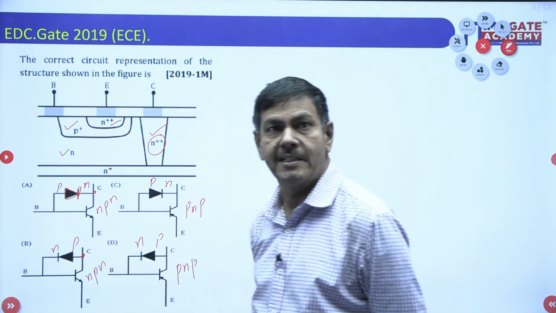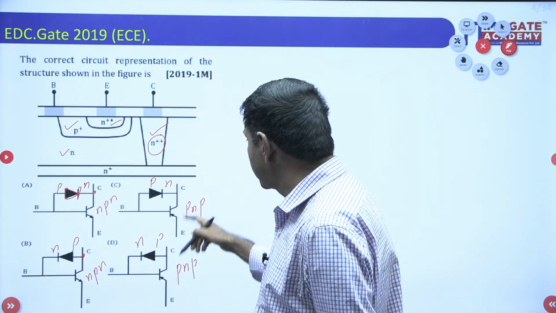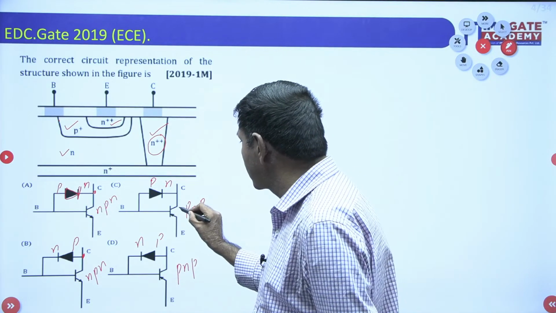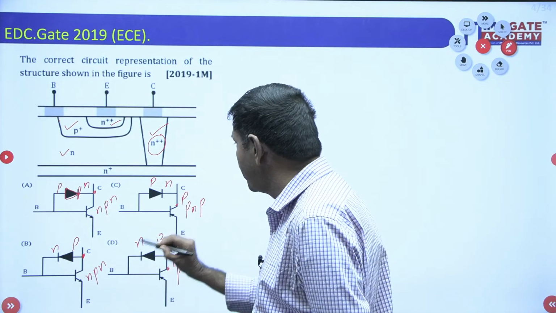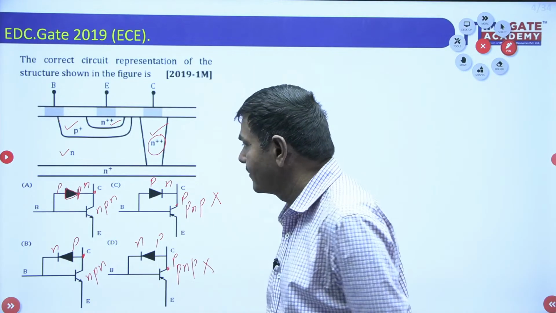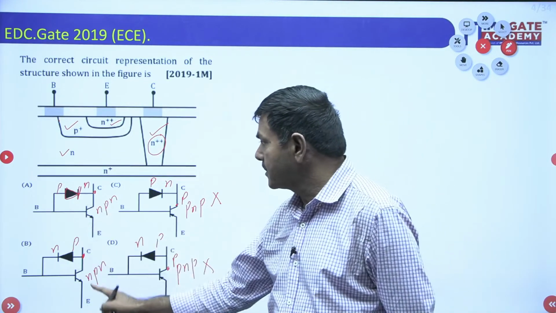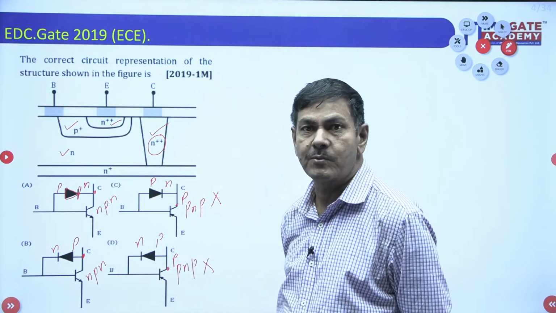These two are with N-type materials only. But if it is a P-type extrinsic semiconductor, the collector becomes P-type material. So these two are not correct. One of these two must be correct, because these two collectors are N-type extrinsic semiconductors.